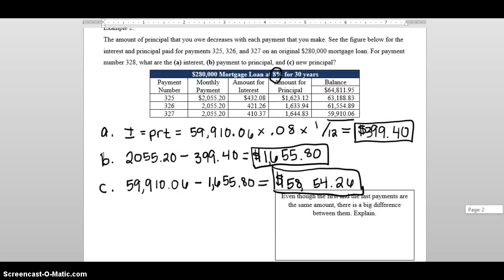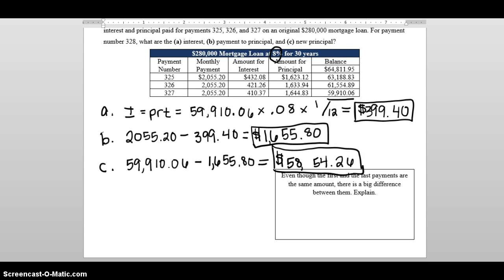By the time we get to payments 326, 327, so on, at 328, $399 goes to your interest and $1,655 goes towards your principal. So as you pay on a loan, the principal decreases quicker.